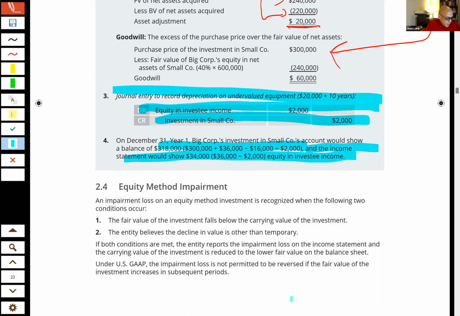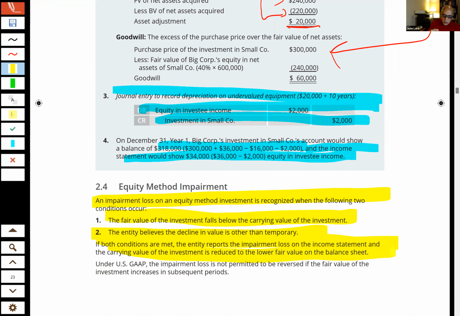Okay. Now, if there is impairment on an equity method investment, that happens when the fair value of the investment falls below the carrying value and the entity believes that the decline is other than temporary. If both conditions are met, then report an impairment loss on the income statement and the carrying value of the investment would be reduced to that lower fair value.